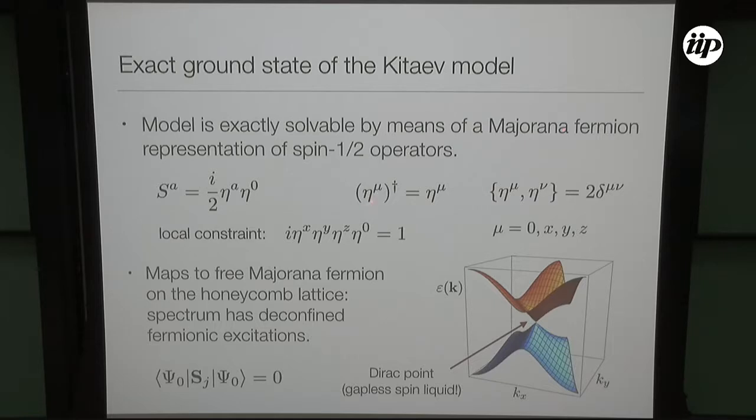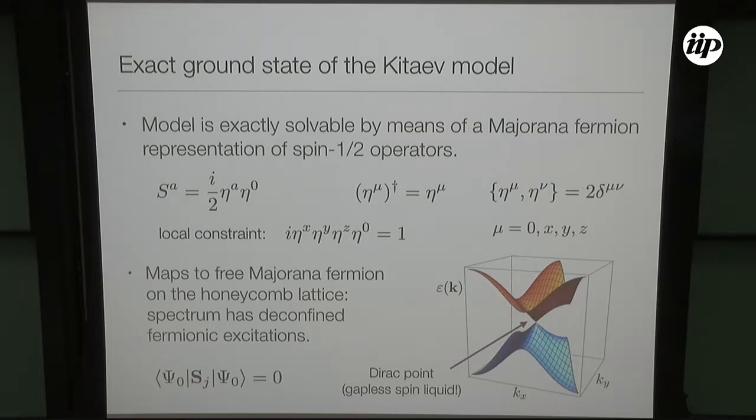These are Majorana fermions in the sense that, first of all, 2 different operators with different flavors anticommute, like fermionic operators, and they are Majoranas because they are Hermitian. People say the particle is equal to the antiparticle. You can check that this representation reproduces the SU(2) algebra for spin operators if you also impose a local constraint: the Majoranas that you define at each lattice site are not all independent, but the product of them with a factor of i has to be 1.